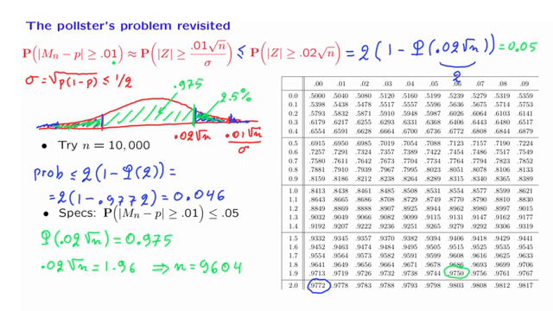Usually they tell you that the results are accurate within 3 percentage points, let's say, instead of 1 percentage point. And by moving from 0.01 to 0.03, and if you repeat those calculations, you will find that a sample size of about 1,000 will actually do.